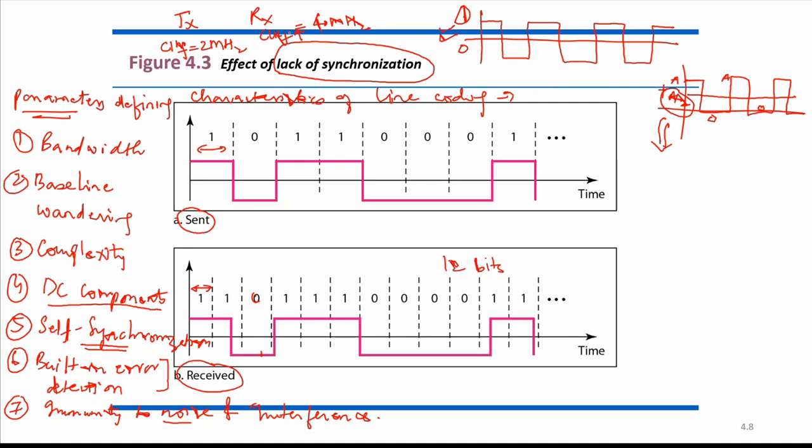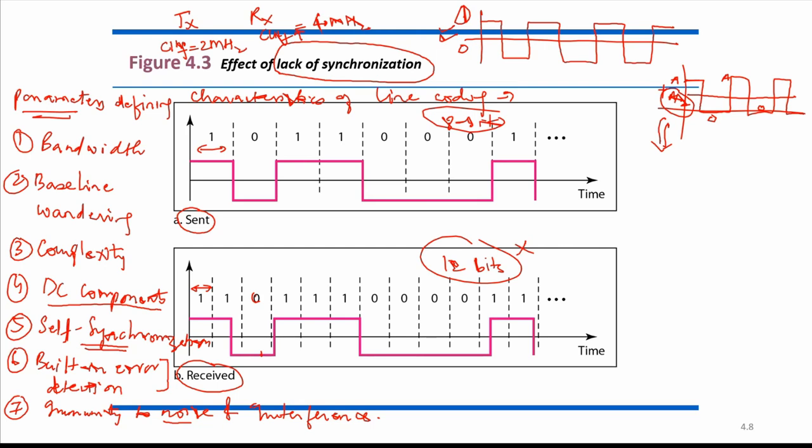Because of the unsynchronized clocks, that is, the difference in time period or frequency, there can be an error in decoding the signal, and the decoded data will be different. It is 8 bits sent and 12 bits received, so it is wrongly decoded. That type of error can occur.